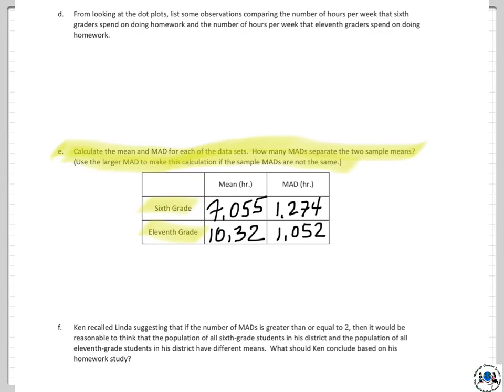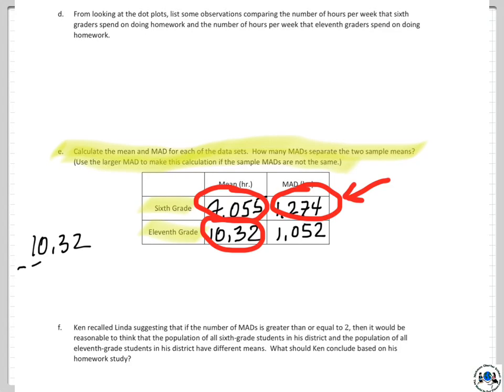Now we're going to calculate how many mean absolute deviations separate the two sample means, which are 7.055 and 10.32. How many of these? Again, we're going to use the larger one. That's the rule.